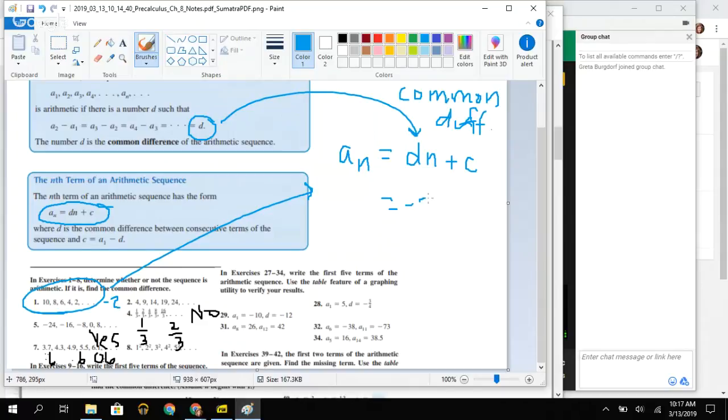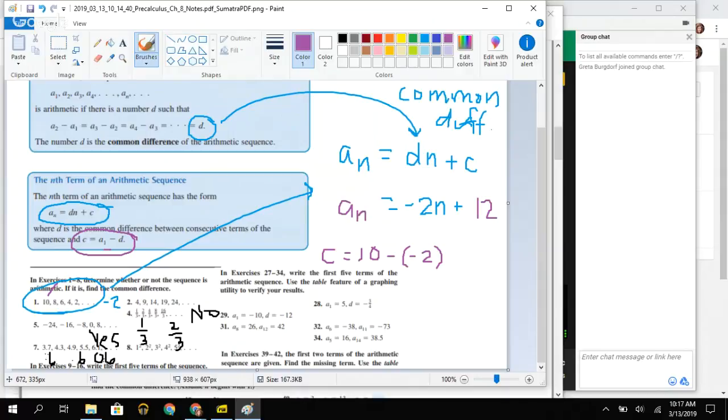So your equation would be -2 times some number n, because that's where it's varying, plus some constant c. To find c, you take the first term, which in this case was 10, and you subtract the common difference, which was -2. So in this case, it's 12.